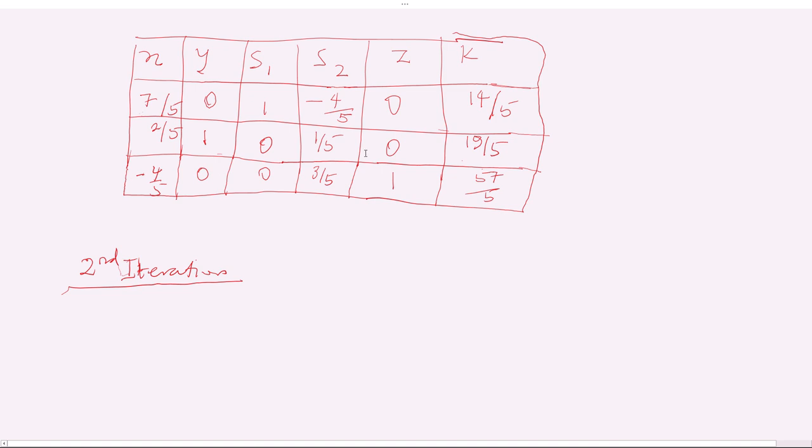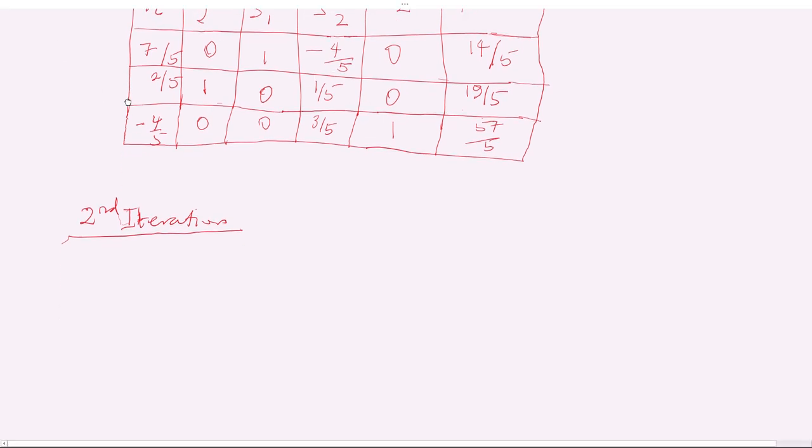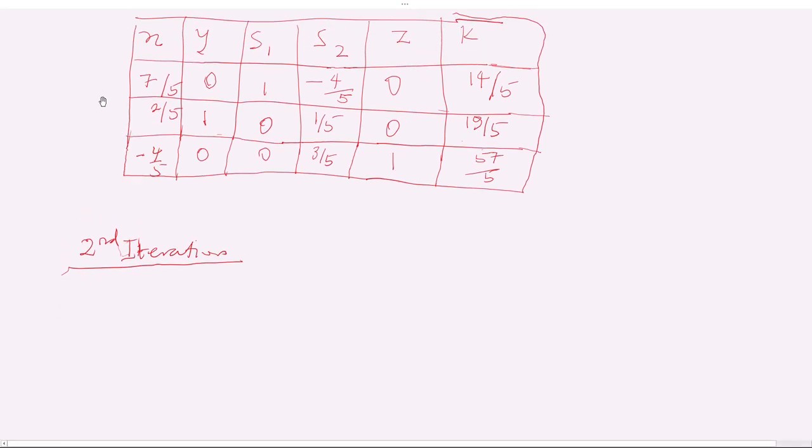So column C1 equals the pivot column, because we already used C2 as our pivot column for the first iteration.